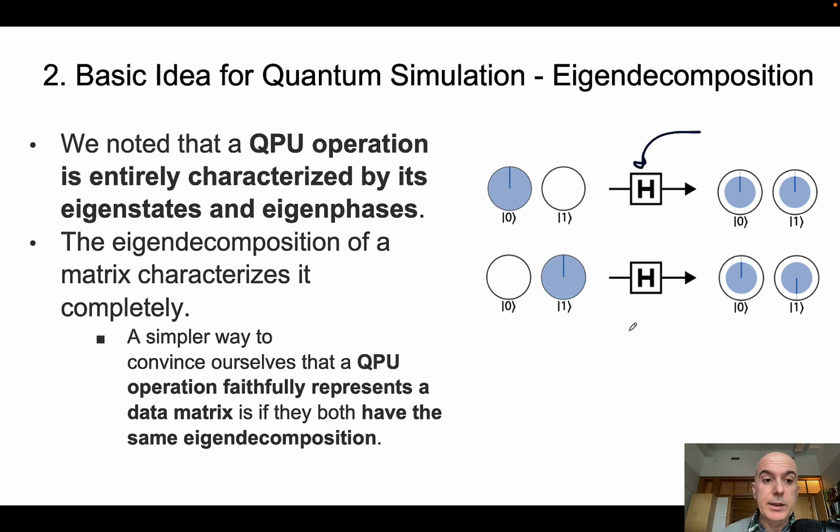That also means that the eigendecomposition of a matrix characterizes the matrix completely. So a simpler way to convince ourselves that the QPU operation faithfully represents the data matrix is the fact that both have the same eigendecomposition. So if they have the same eigendecomposition, it will be the same matrix.